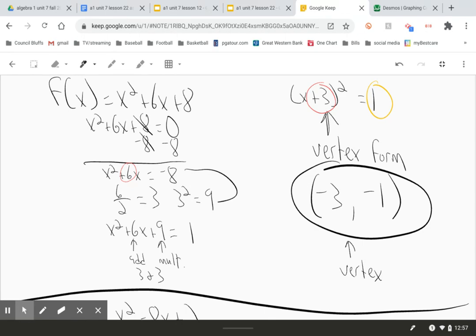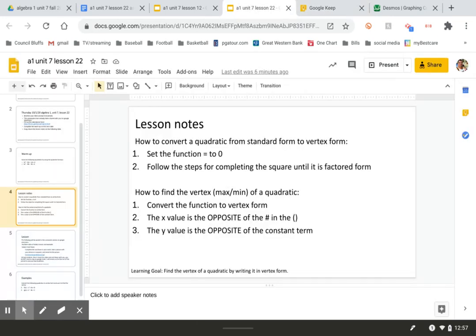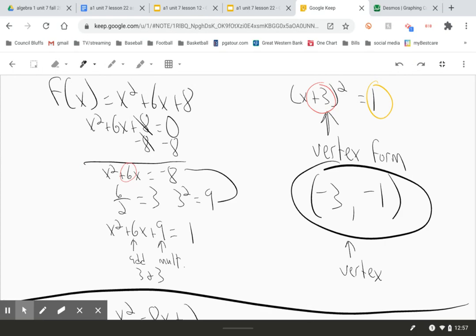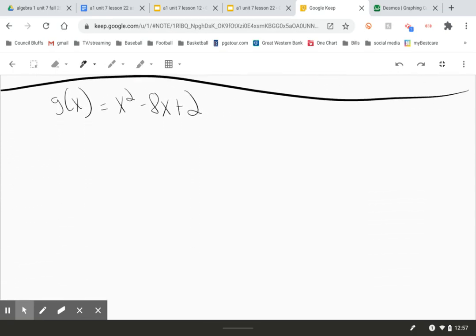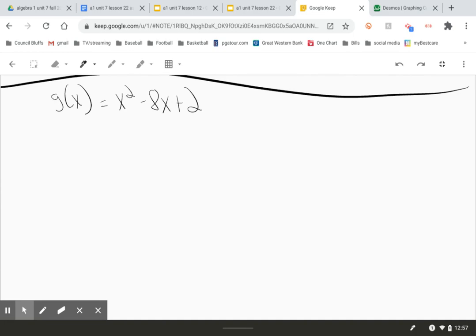Okay? So we're doing two things. We're converting the function to vertex form, and then using the vertex form to find the vertex, the max or the min point. Okay? So with that in mind, let's try the second one.